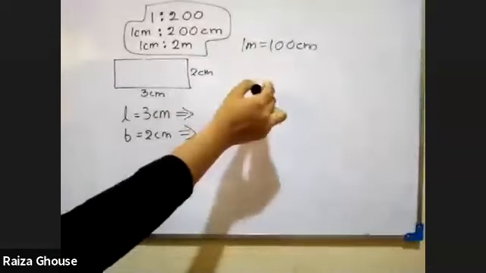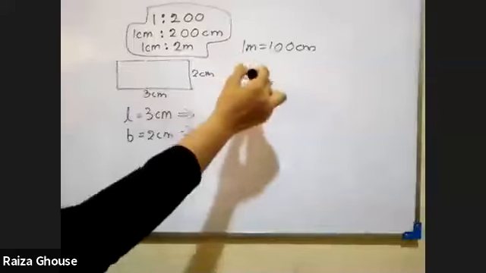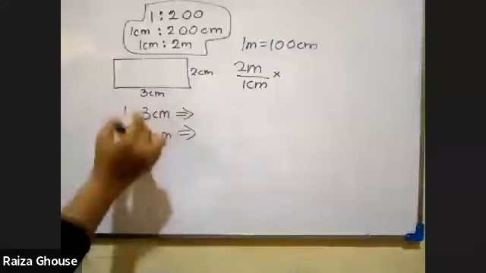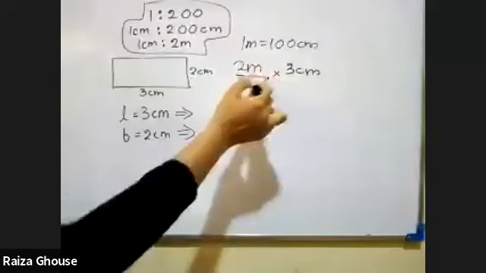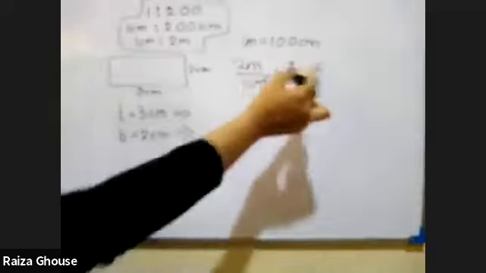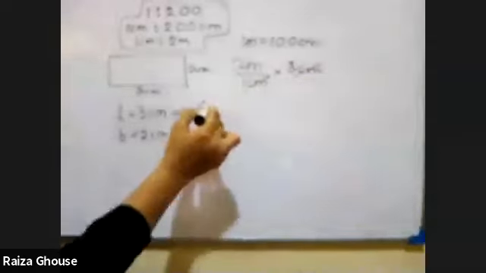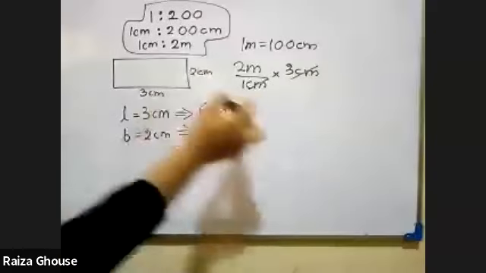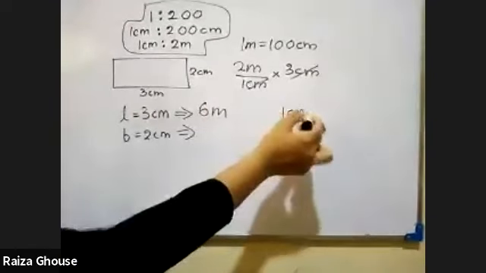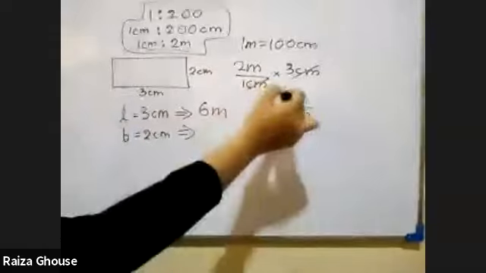If 1 centimeter can represent 2 meter, the length 3 centimeter can represent 2 times 3 is equal to 6. The answer comes in meter, 6 meter. If your answer is correct, very good.